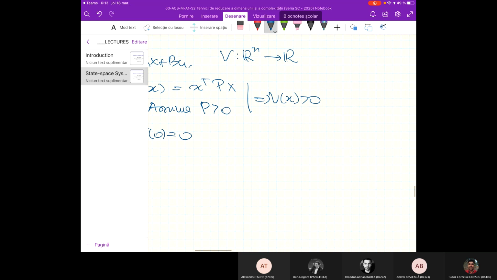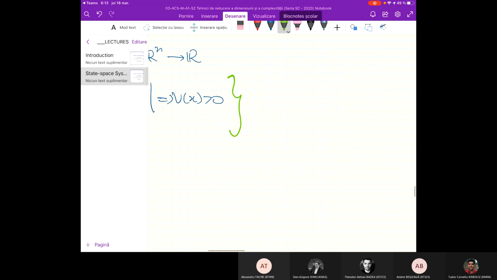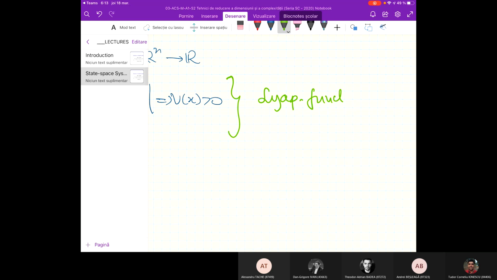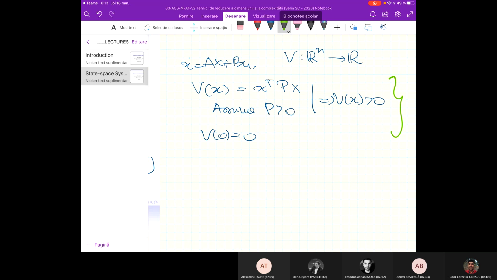Such a function is called a Lyapunov function associated with the system. Because we are talking about a linear system, this is a quadratic function. In general, quadratic functions of a dynamical system mean energy. Do you agree?